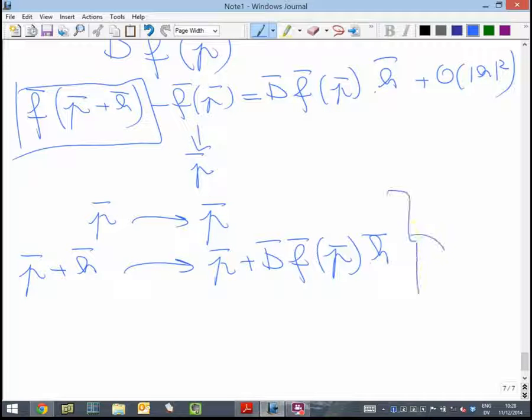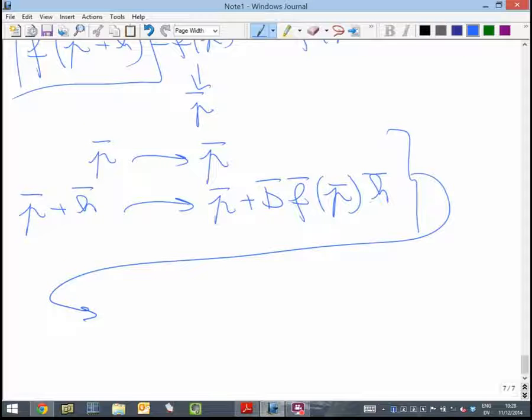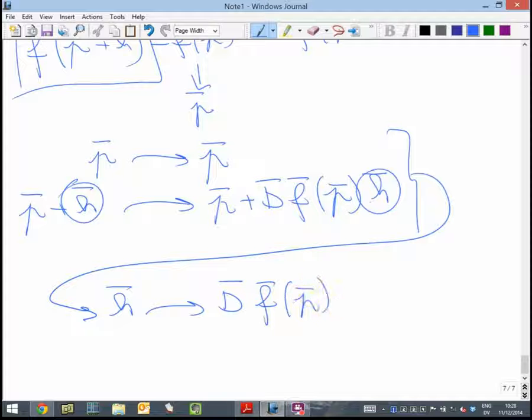If you bring all of this together, you can associate a linear map with this, a linear map which maps h, this deviation from our fixed point p, onto the vector df_p multiplied by h. And this is a linear map, right?